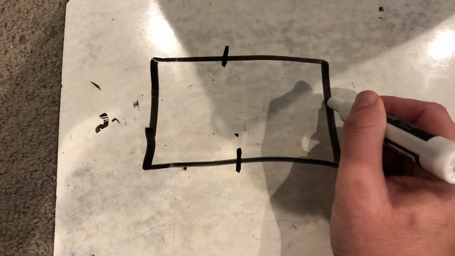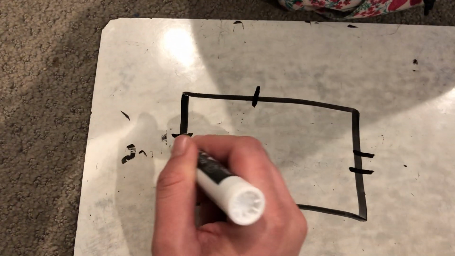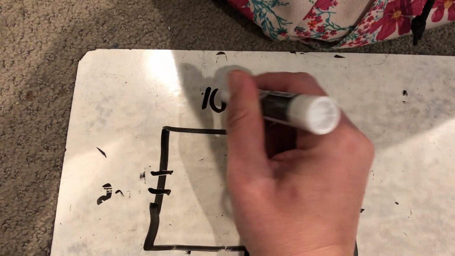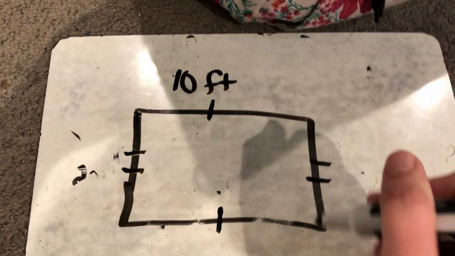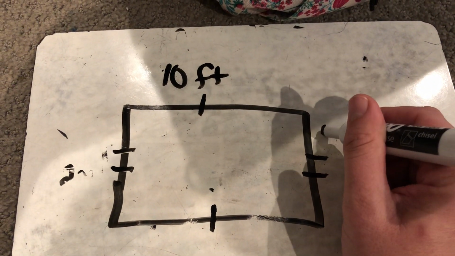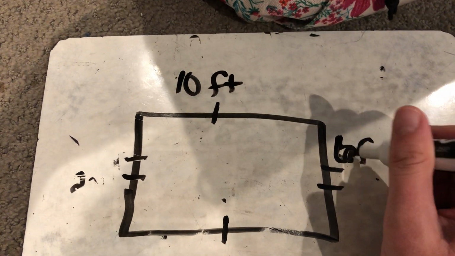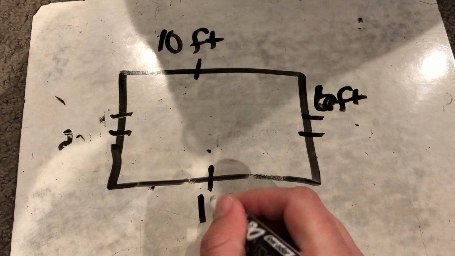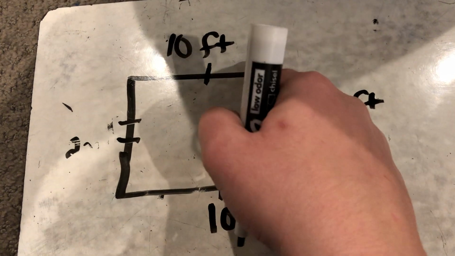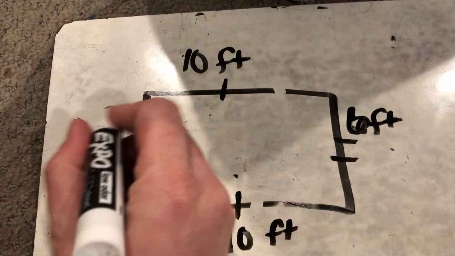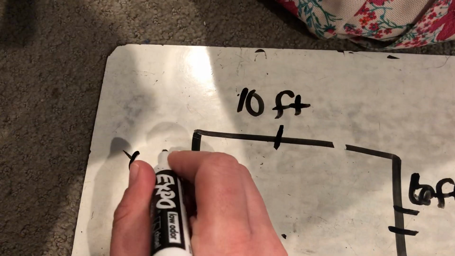So in a rectangle, these two sides are the same and these two sides are the same. Okay, so this is length, so I'm going to make this 10 feet. This is going to be, let's make it 6 feet. And this is 10 feet. If this is 10 feet, so is this side. Then we have 6 feet.